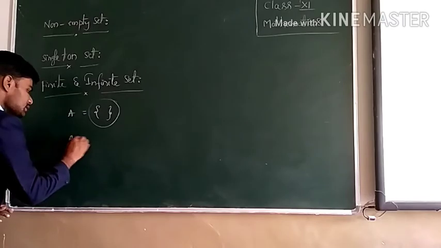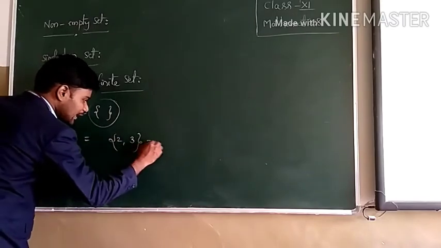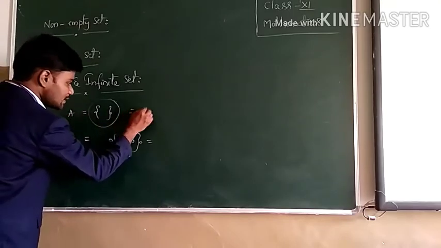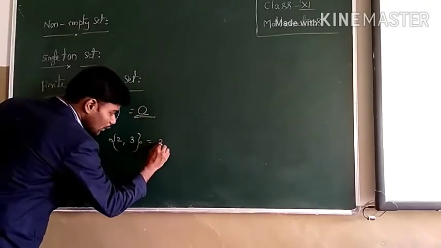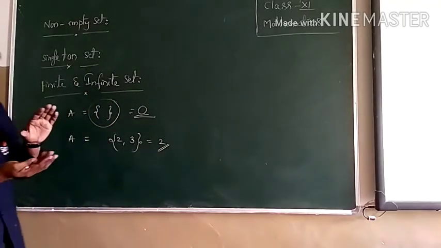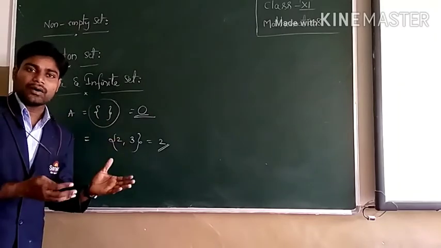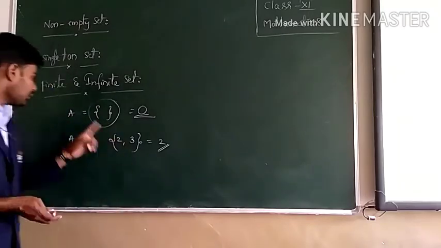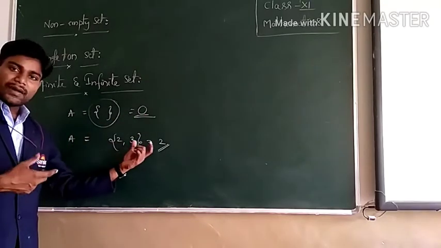Suppose a set has 2, 3. How many elements does this set contain? It has 2 elements, so this is also a finite set. So that's why the definition of a finite set is a set that is empty or has a definite number of elements.